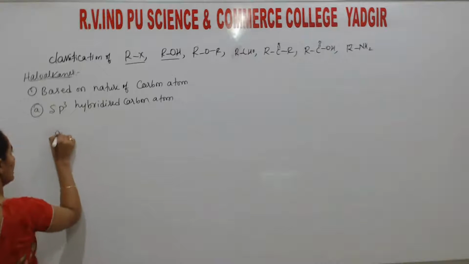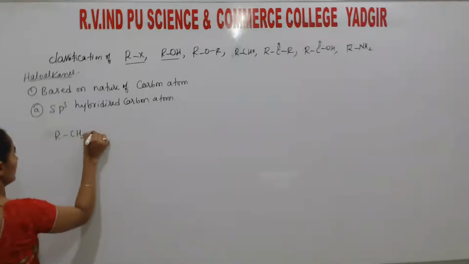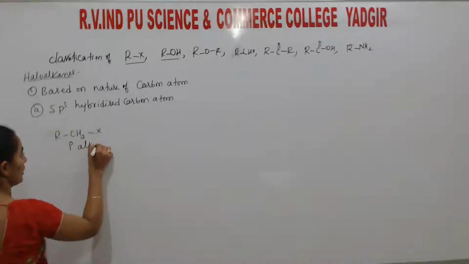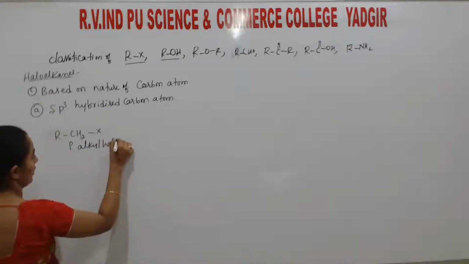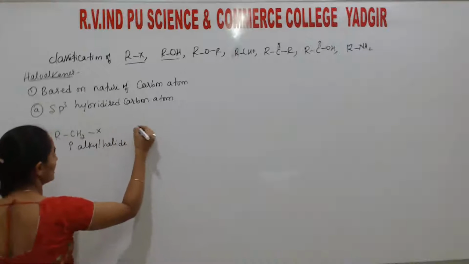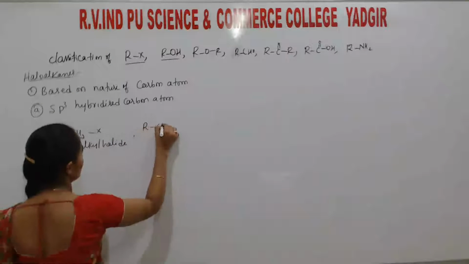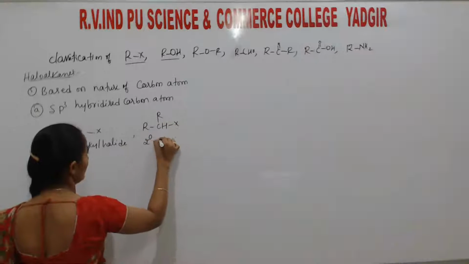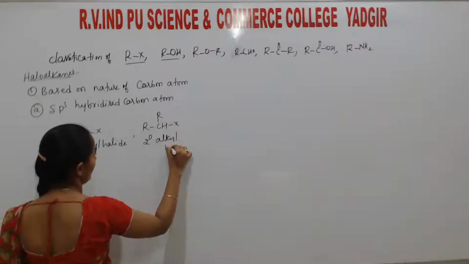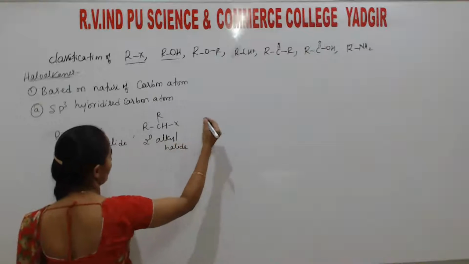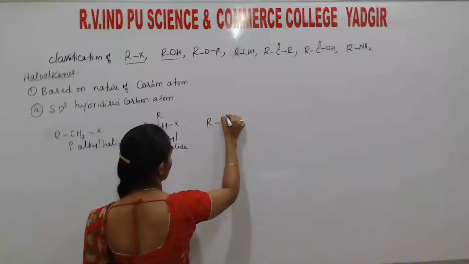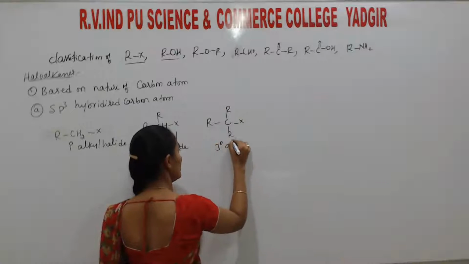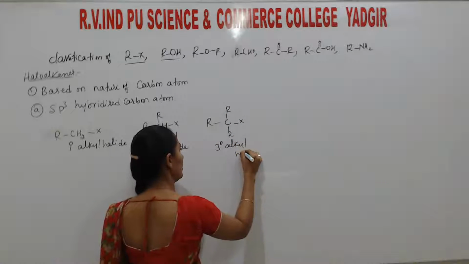I write directly RCH2X, that is primary alkyl halide. Next, RCHRX, secondary alkyl halide. Next, RCRRX, that is tertiary alkyl halide.